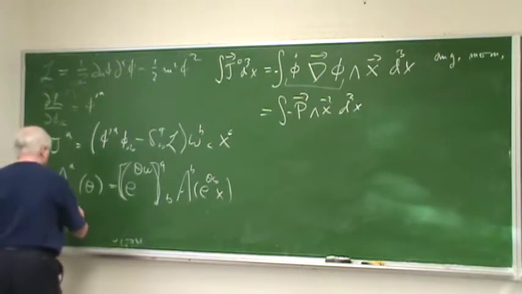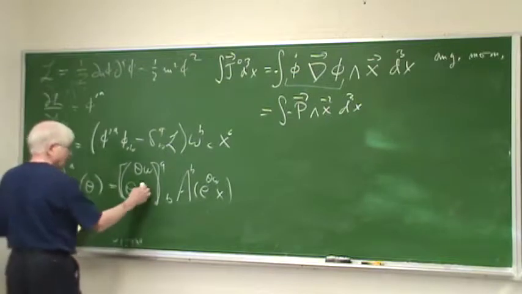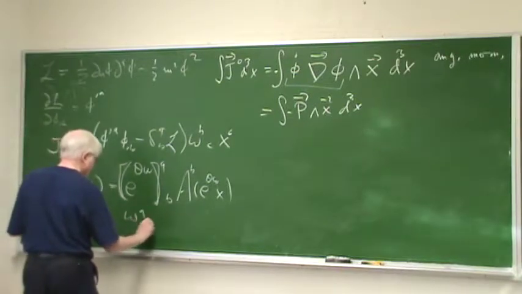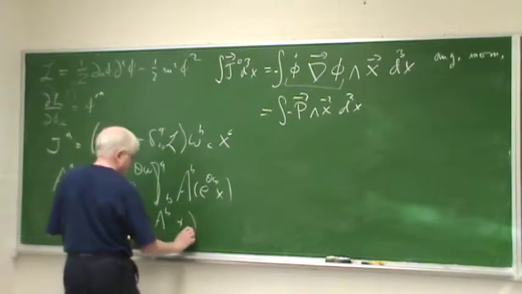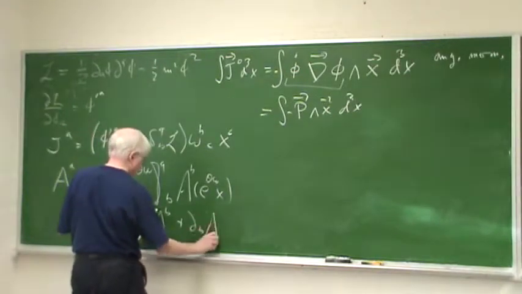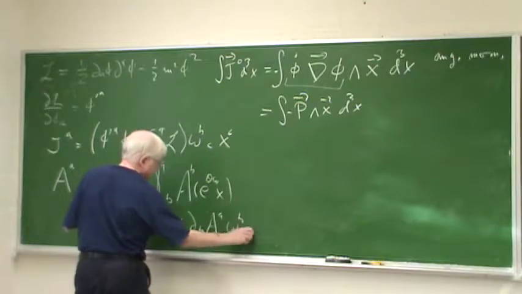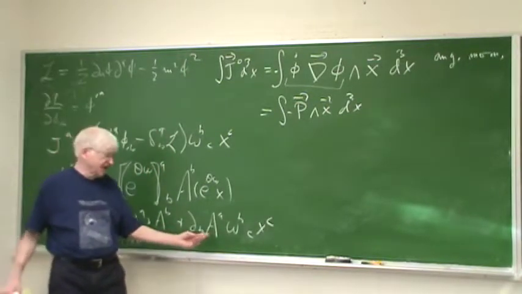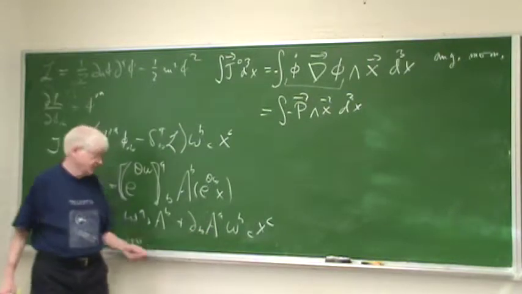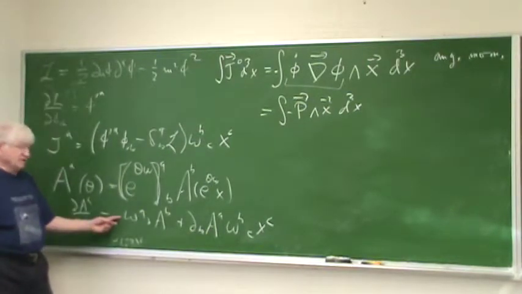So now what is partial A, partial theta? Well, there's one term that's just omega AB on A_B, and then there's the term that we had before, d_B A_A, omega BC XC. So this is what we had before with phi replaced by A_A. And this is the new thing.